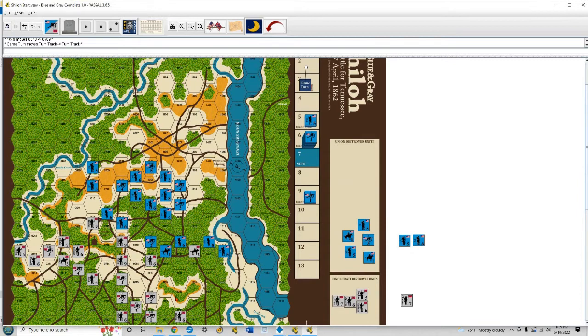So where we're sitting, it's about like the historical situation. The Confederacy has pushed the Union back a ways and has eliminated a fair number of units.